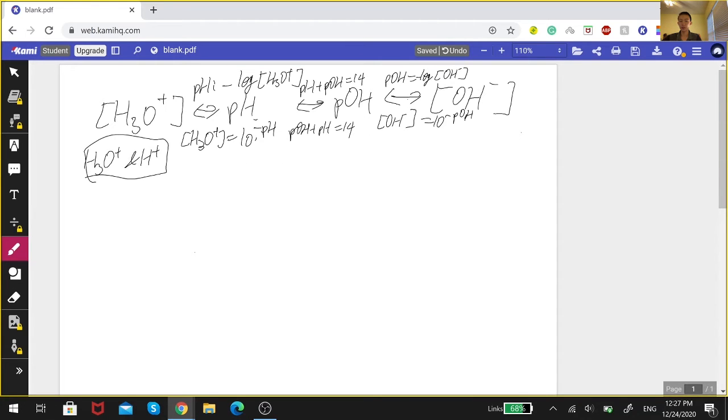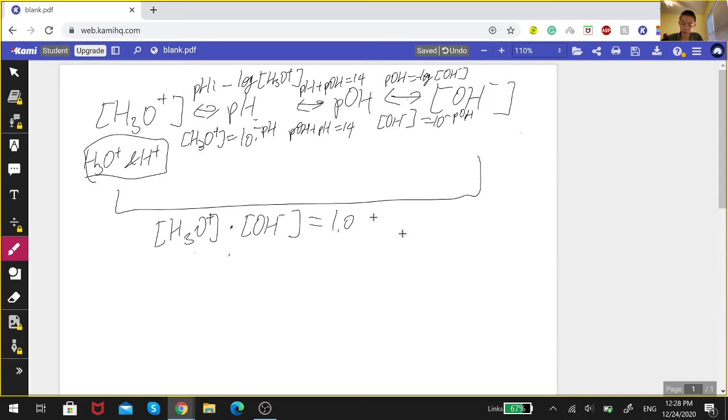Now, if you want to go from the concentration of our hydrogen cations, our acid, to the concentration of our base, it's going to take a lot of work. So there is a shortcut, and it goes straight from H3O plus to OH minus. The formula here is the concentration of H3O plus times the concentration of OH minus is equal to 1.0 times 10 to the negative 14th power.